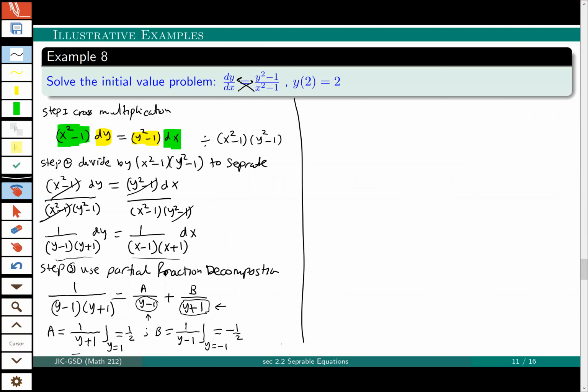So we will say what we have: 1/2 times 1 over y plus 1, minus 1/2 times 1 over y minus 1, and all of this is multiplied with u1.